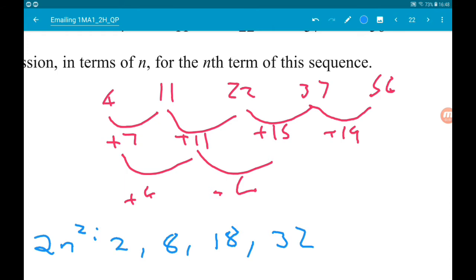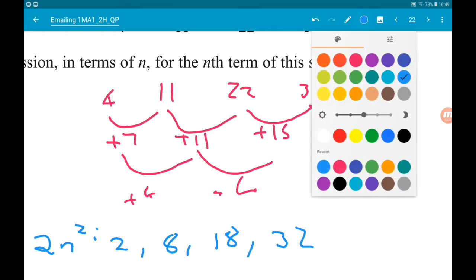So what we now do, a quadratic sequence is usually made up of a quadratic part, which we have here, and a linear part. So to get the linear part, we now subtract the quadratic part from the whole sequence.